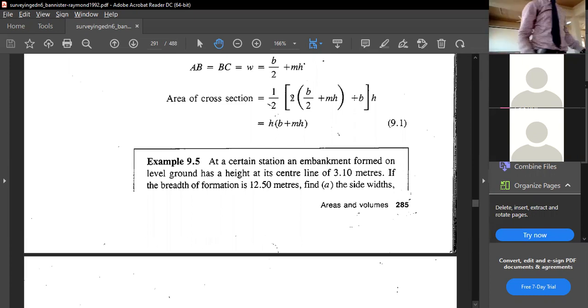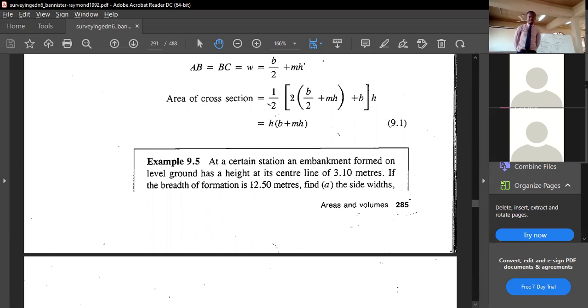In surveying engineering, what is a station? It's like a place of known coordinates. At a certain station, an embankment formed on a level ground has a height at its center line of 3.10 meters.